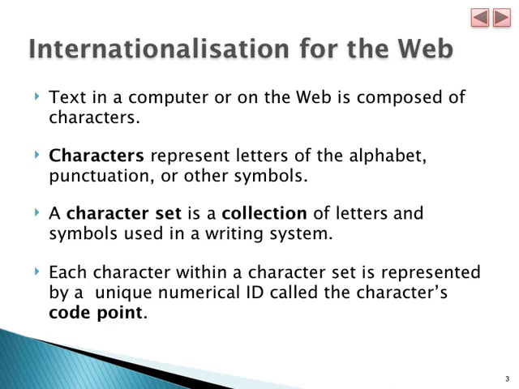So characters are letters of the alphabet or punctuation or symbols or whatever. Now, a character set is a collection of letters. I'm not talking here about the difference between, say, Helvetica and Times Roman. We're talking about A, B, C, D, or alpha, beta, gamma, whatever it is the Greeks use, or whatever it is people use to write Hebrew, or in Japanese, a, i, u, e, o, ka, ki, ku, ke, ko, ma, mi, mu, me, mo, whatever.